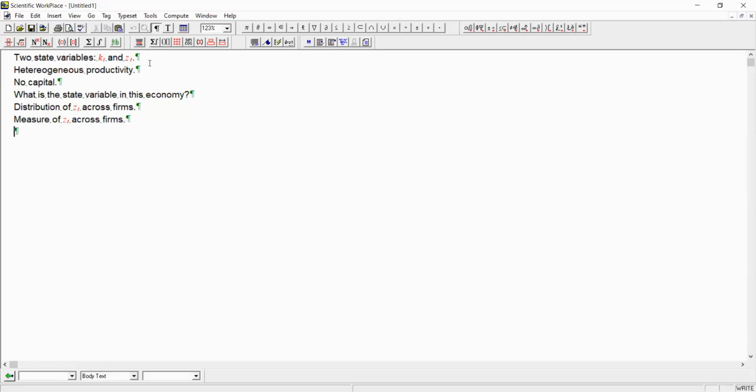So, for example, suppose that productivity follows a Markov process so that there is some probability distribution F, so that productivity Z_{t+1} at a particular firm follows some distribution F which depends on the value that Z had yesterday.